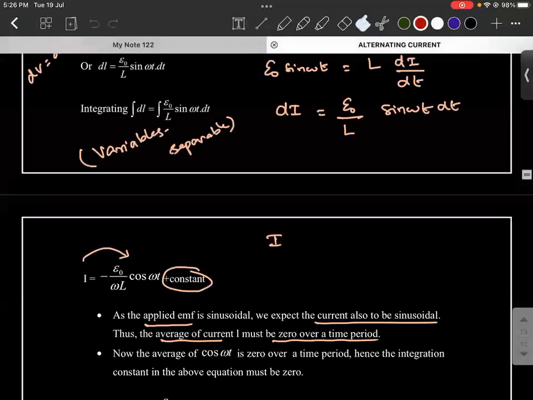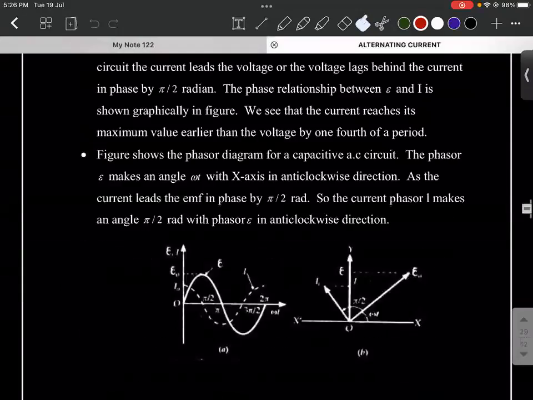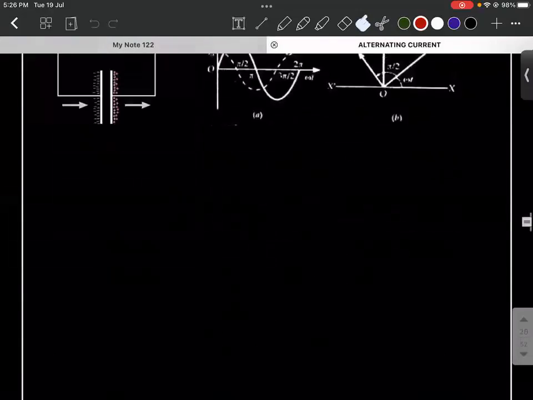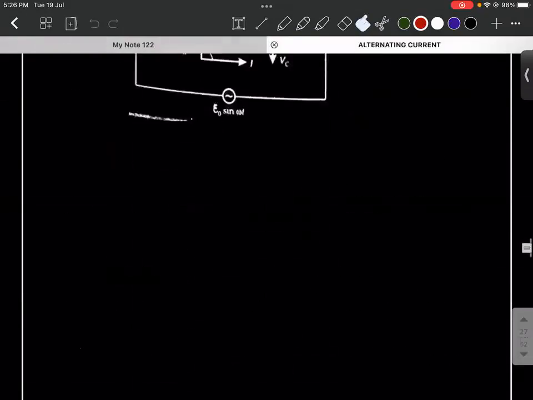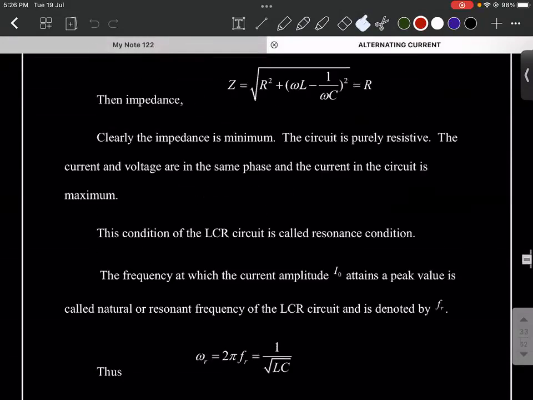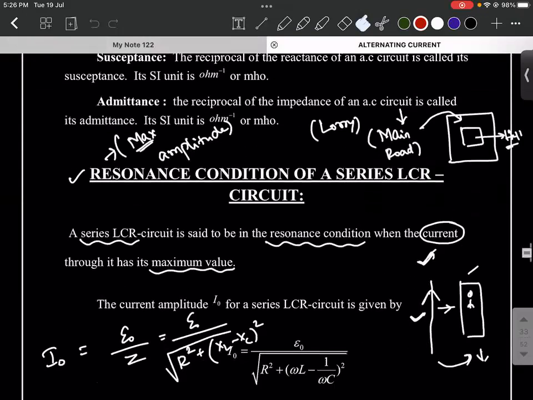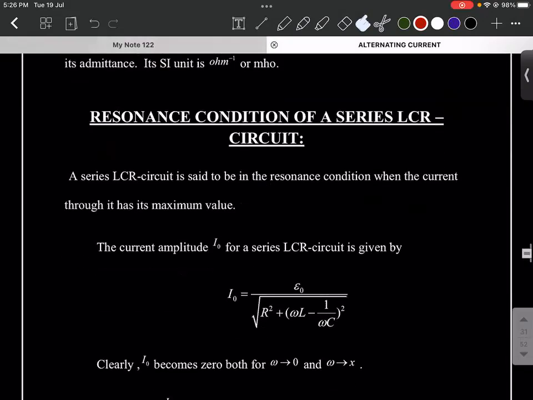The next topic that we need to discuss is, write down the next heading as resonance condition for a series LCR circuit.